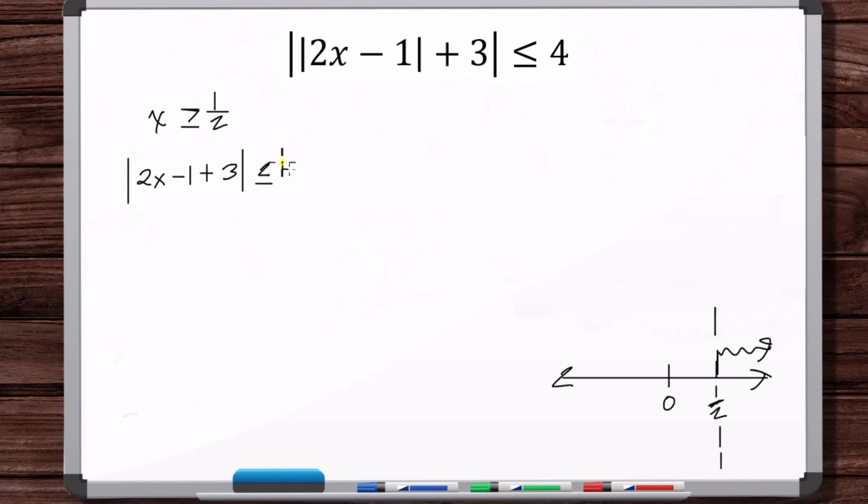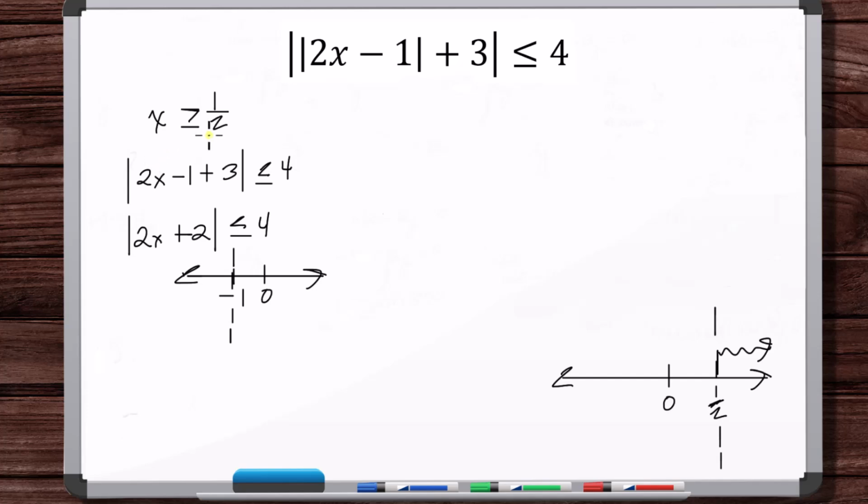Now we need to solve this inequality, which is also an absolute value inequality. This is where we account for that outer absolute value. So, 2x plus 2. Okay, let's solve this. The crossover point is going to be at -1. But we need to keep in mind that we're still restricted to x greater than or equal to 1/2.